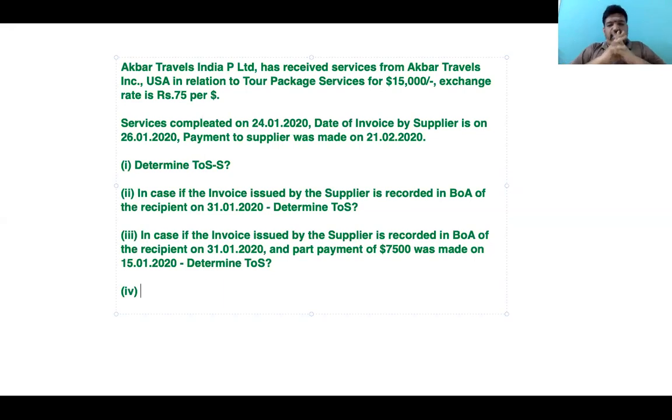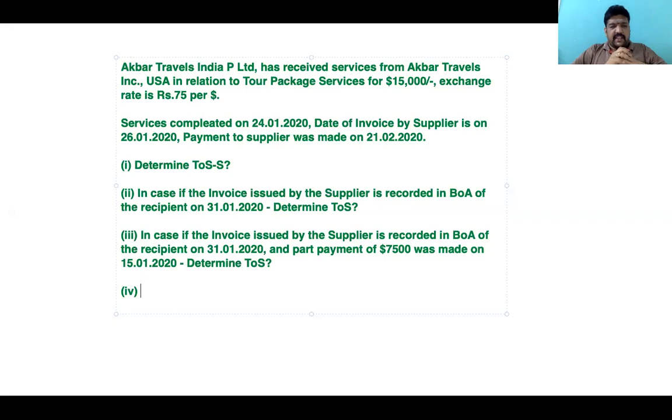So the same services provided by Akbar Travels Inc. to Akbar Travels India Private Limited for $15,000. Before completing the service, a part payment of $7,500 was paid. Service got completed on 24/1. Invoice was issued on 26/1.